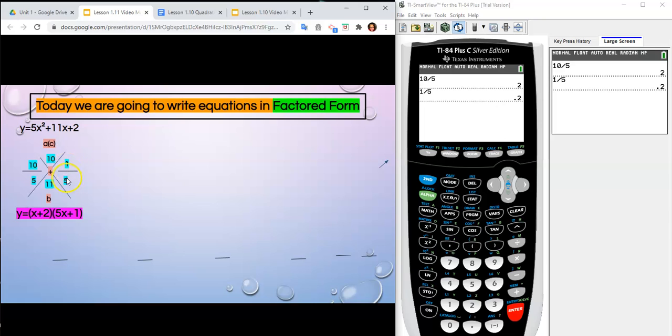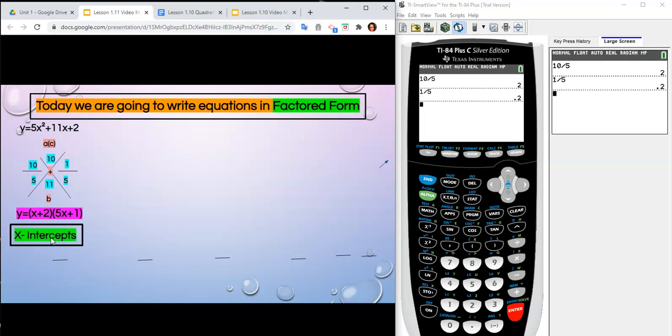Now this factor over here, on the other hand, this 5 that's in the denominator is going to just be in front of the x in that second factor. And then I'm going to add plus 1 because this number up top, in the numerator, is a positive 1. So I just add it together. And there you have your factors, or you have this equation written now in factored form.